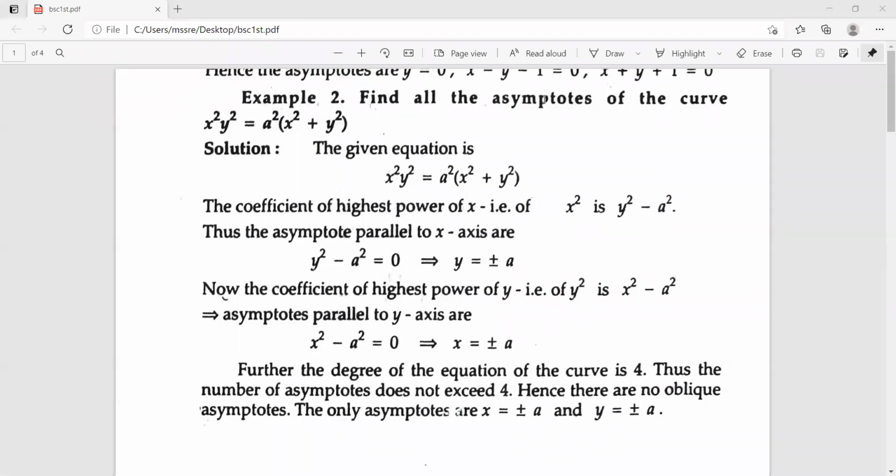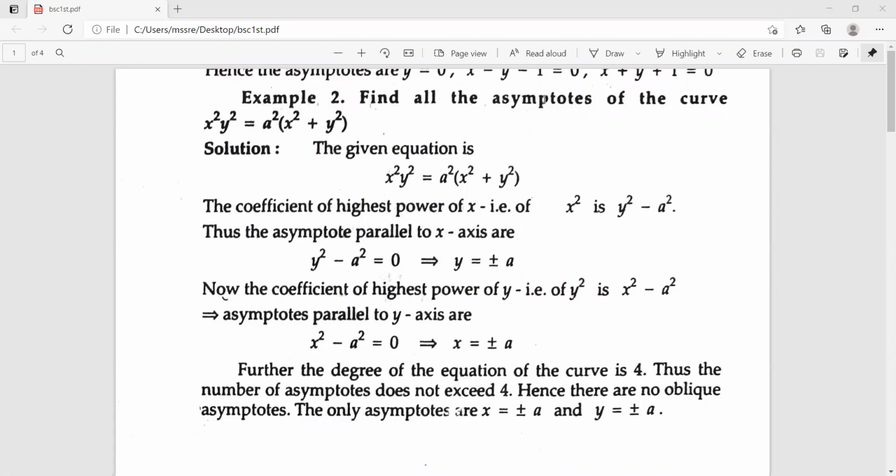Bring that a squared x squared to the left hand side, so the coefficient is y squared minus a squared. Taking x squared as a common factor, the coefficient becomes y squared minus a squared. You have to equate y squared minus a squared to 0 to find the asymptote parallel to the x-axis.